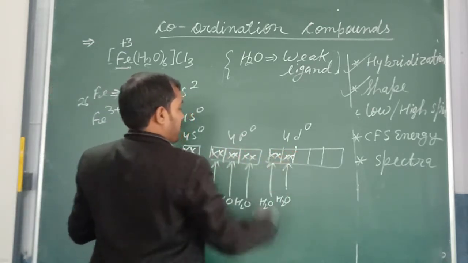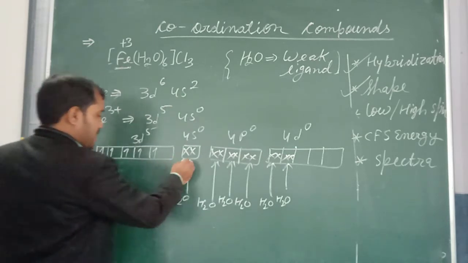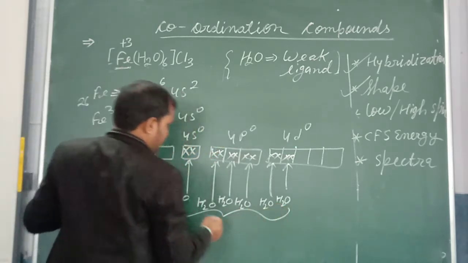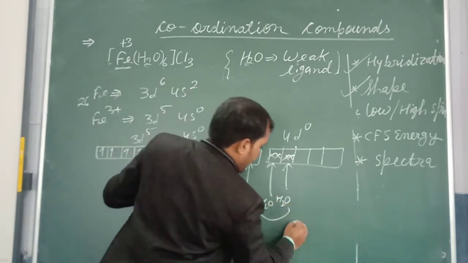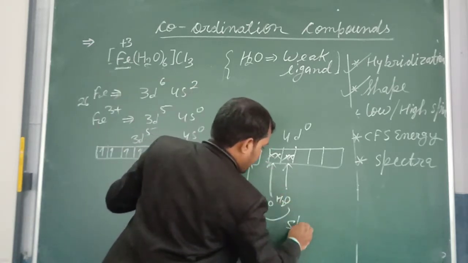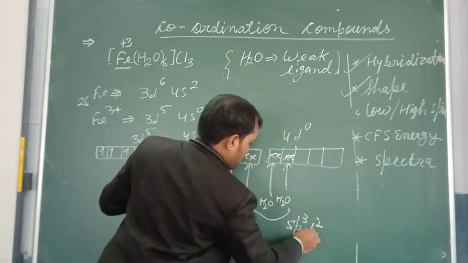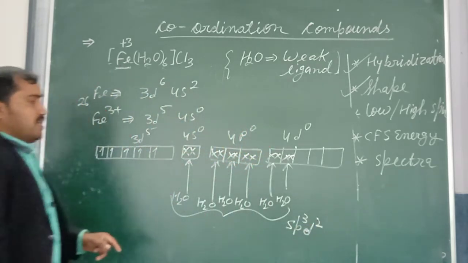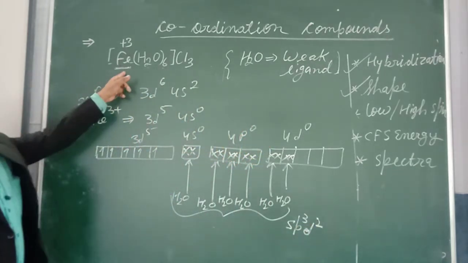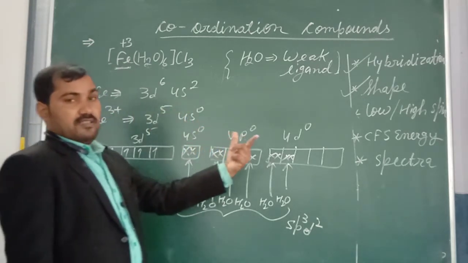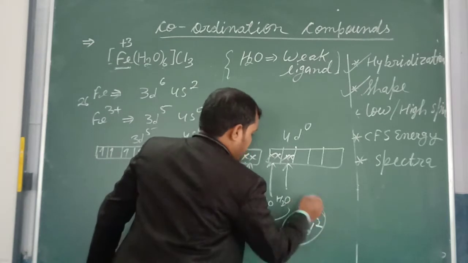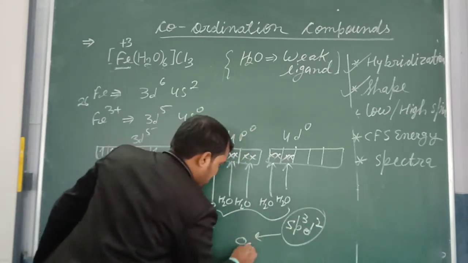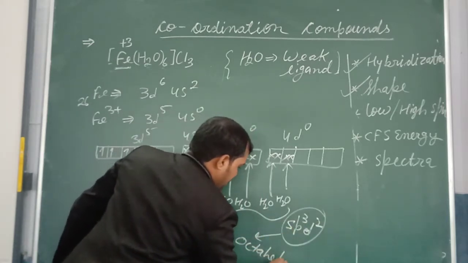So what will happen? What is the hybridization, my dear? Hybridization is s, see, this is the s orbital, sp3d2. sp3d2 is the hybridization for this, which we have seen already. Not d2sp3 here, and the shape is octahedral.